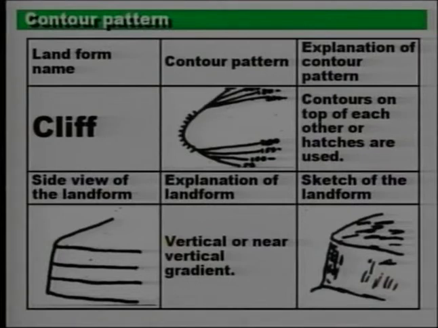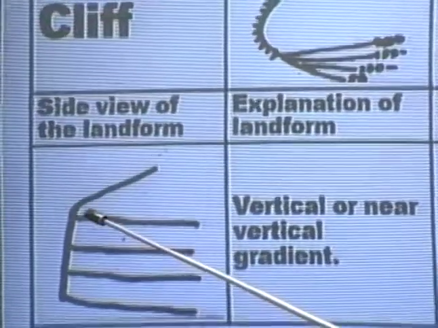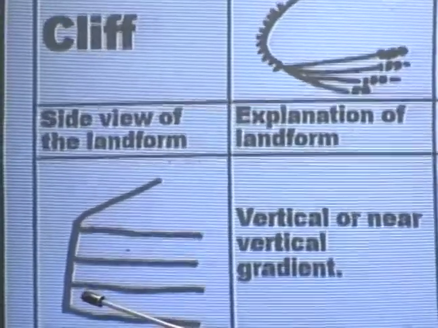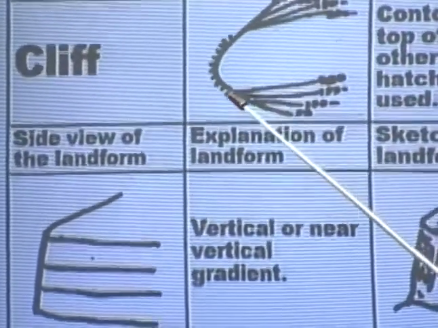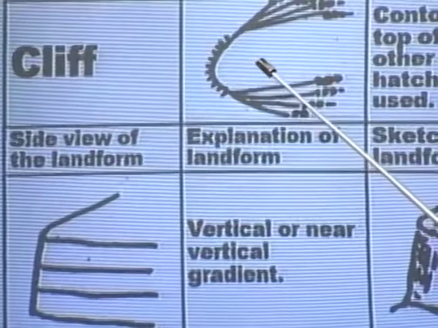Here is the explanation of the contour pattern for the cliff. Contours are actually on top of each other, or hatches are used to show the pattern of a cliff. If you look at the side view of the landform, as you come to the edge here, there is a vertical drop, and that is represented with the bars as shown on the pattern.